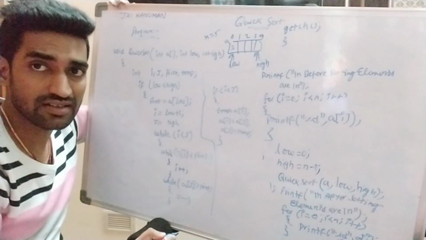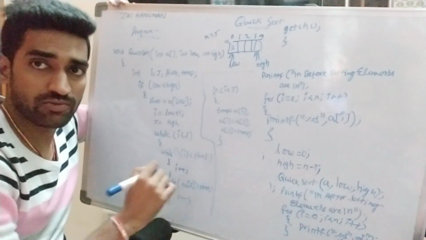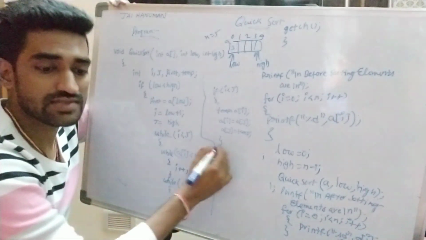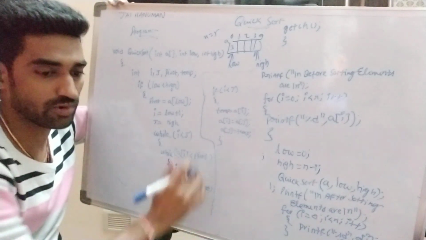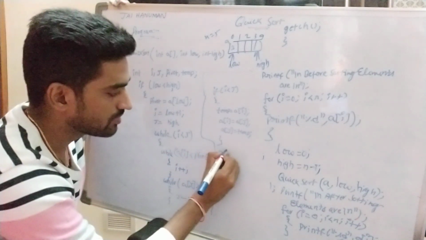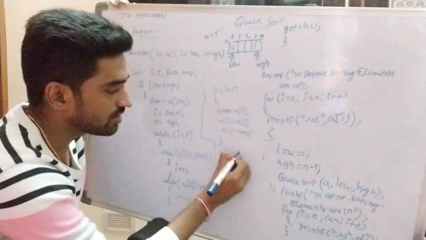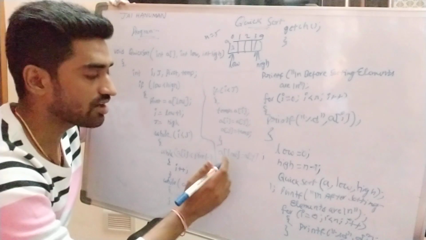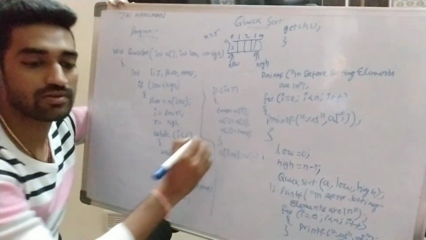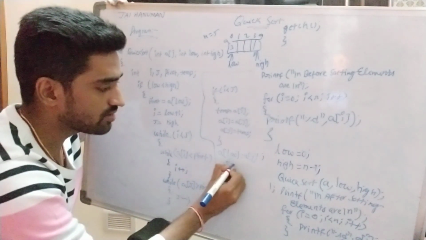Otherwise, once this condition becomes failure, we can swap a of j and pivot, right? So here a of low is equal to a of j, and a of j is equal to pivot.